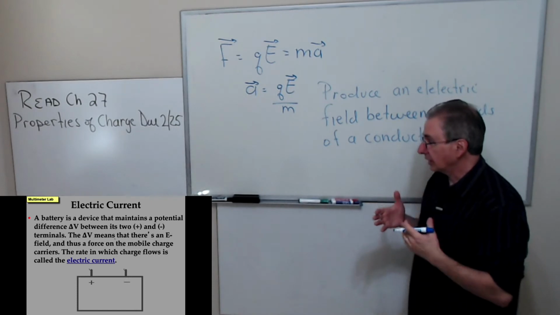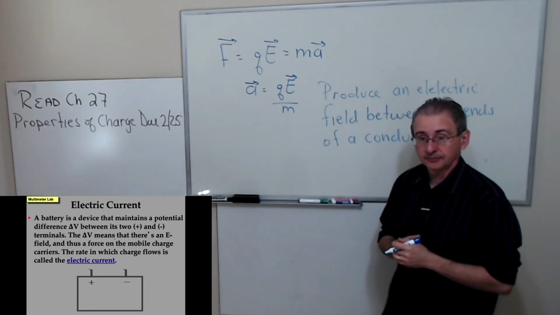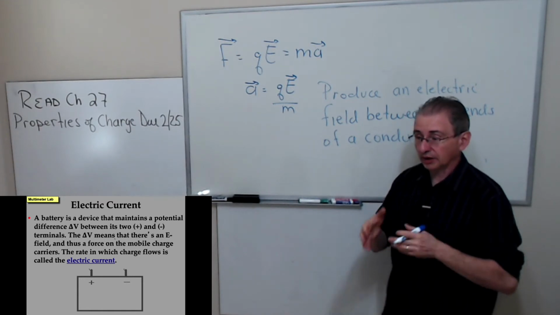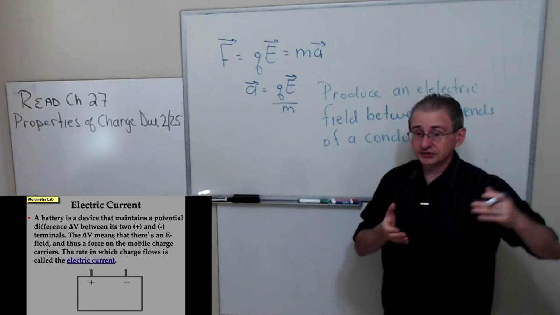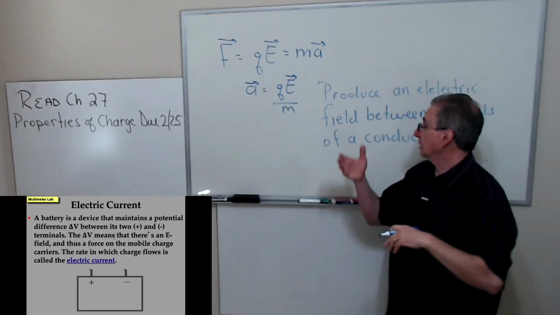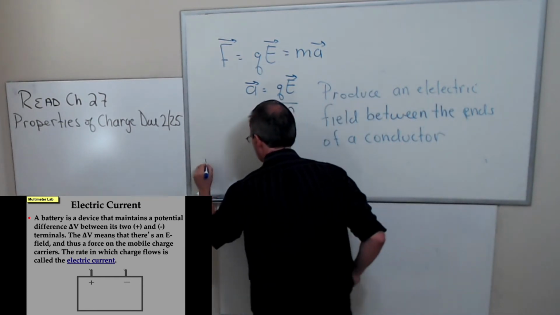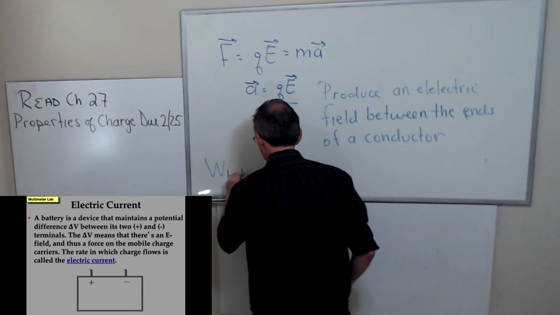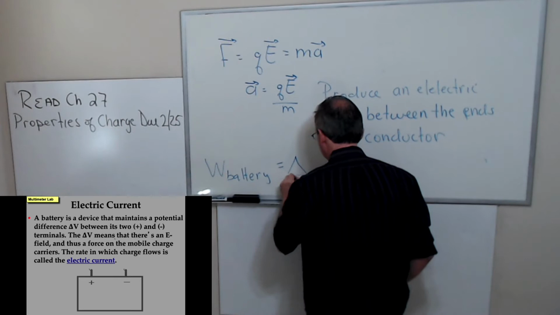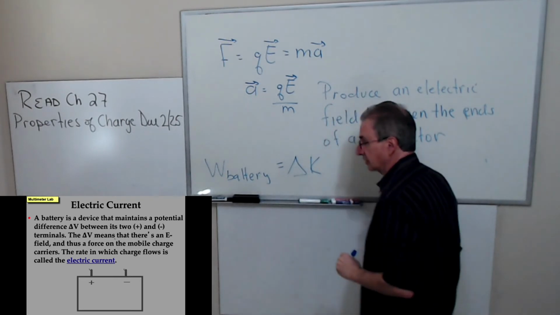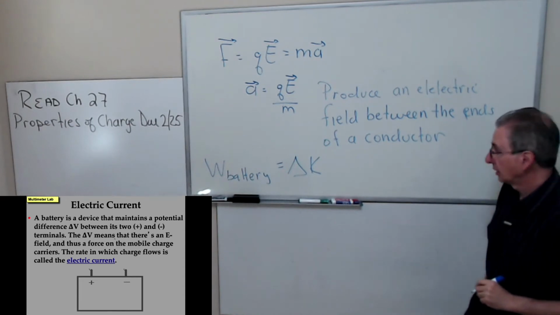A battery does work on the charges, and the work done by the battery gives the electrons in the conductor kinetic energy. So the work done by the battery ends up equal to the change in kinetic energy of the electrons.